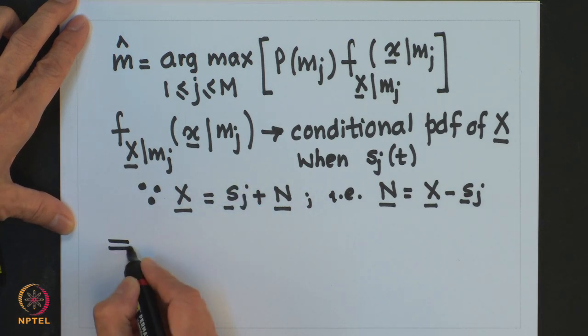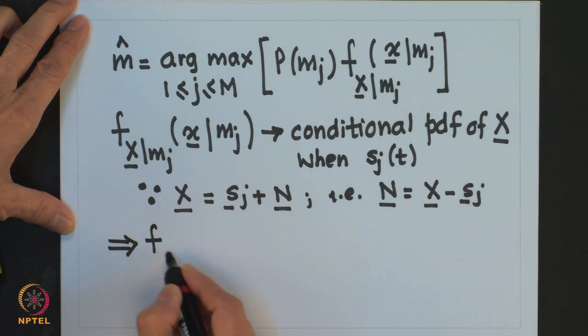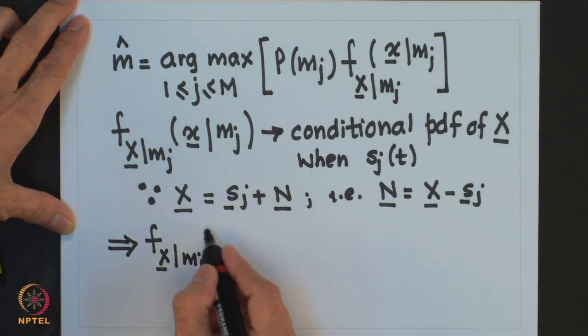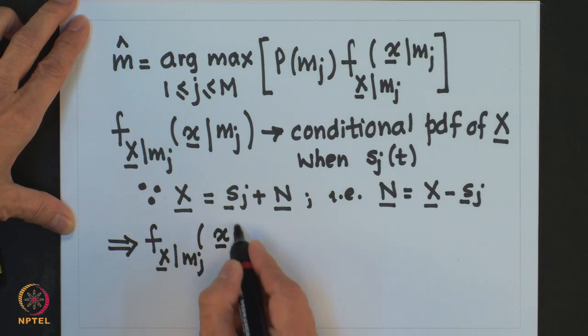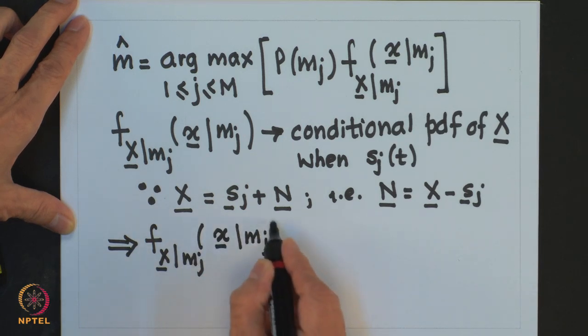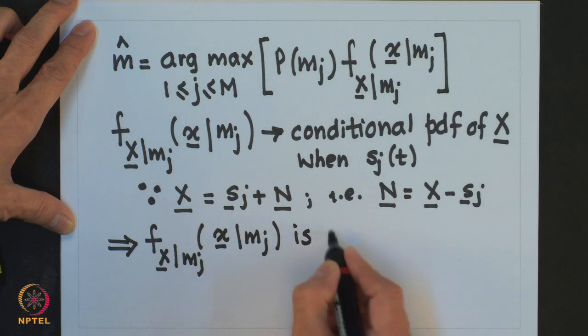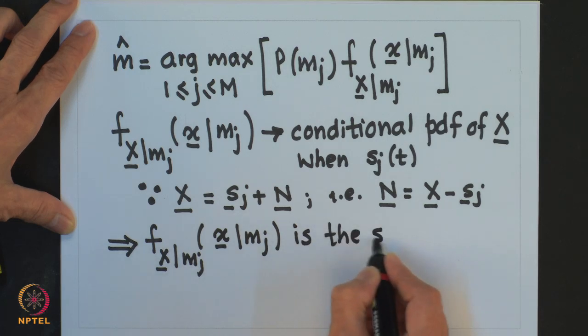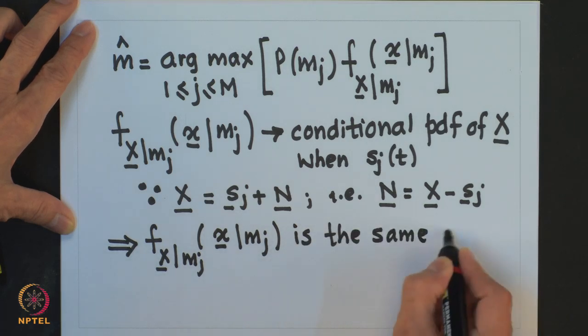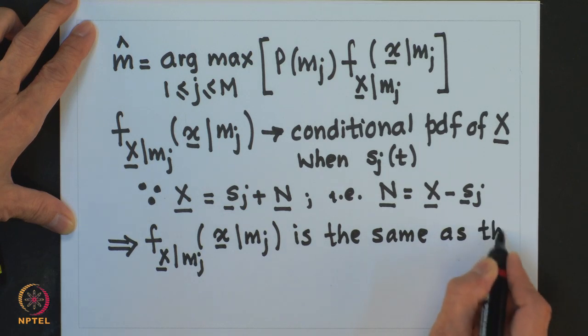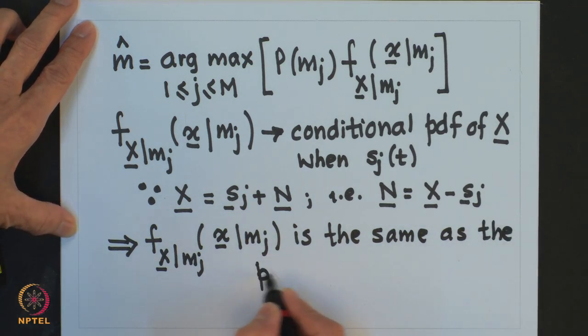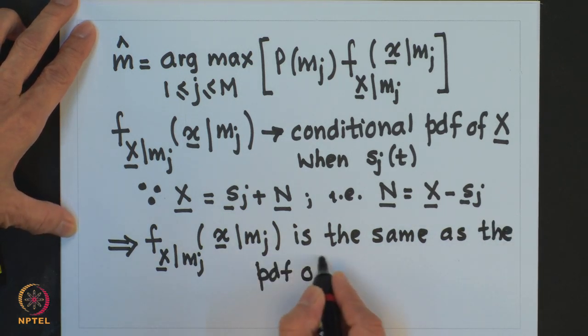So, what this implies is that this conditional PDF is the same as the PDF of the noise.